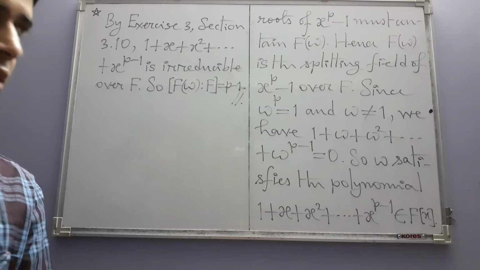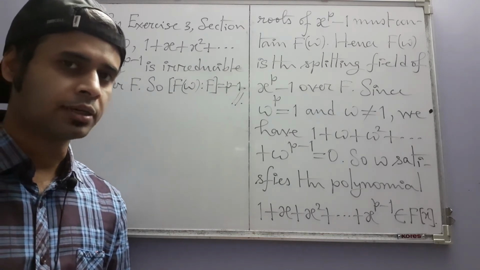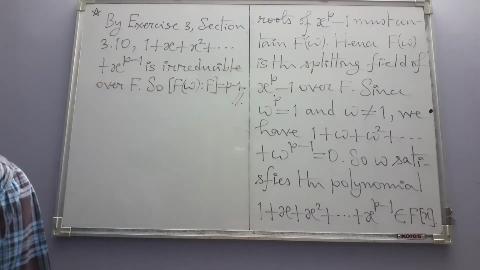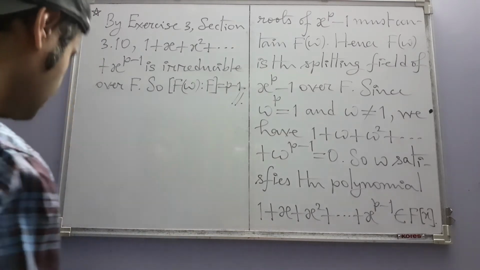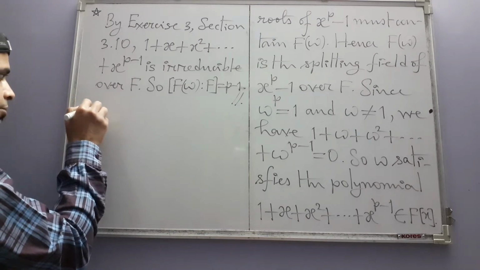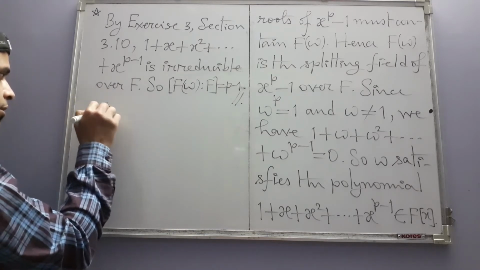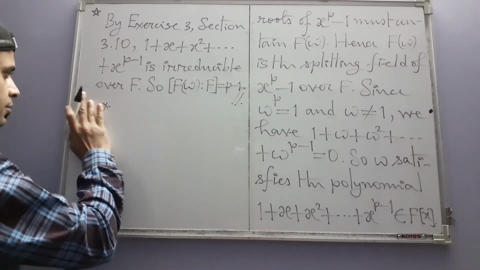And the claim also accordingly changes. It's not n minus 1, but it's phi of n, where phi is the Euler phi function. But this is supposed to be extremely difficult. Let's just see the exercise first.